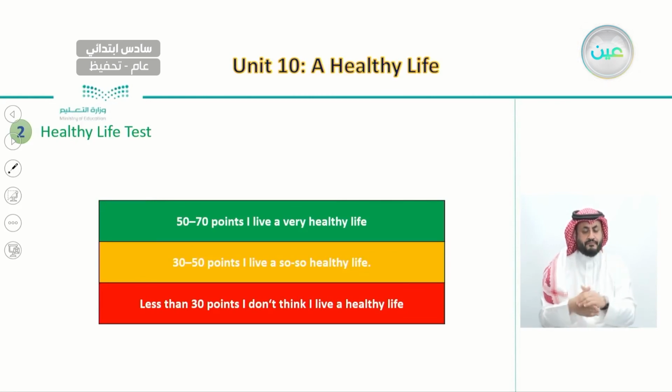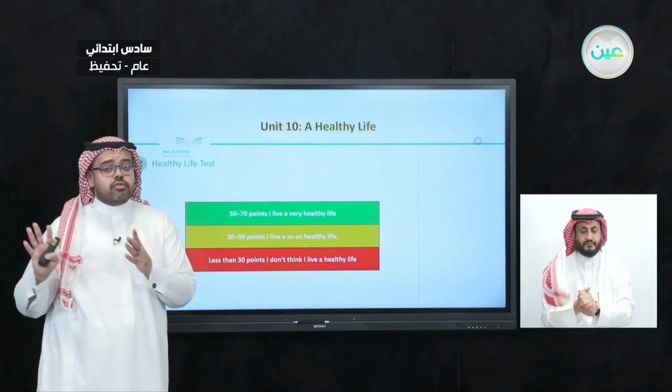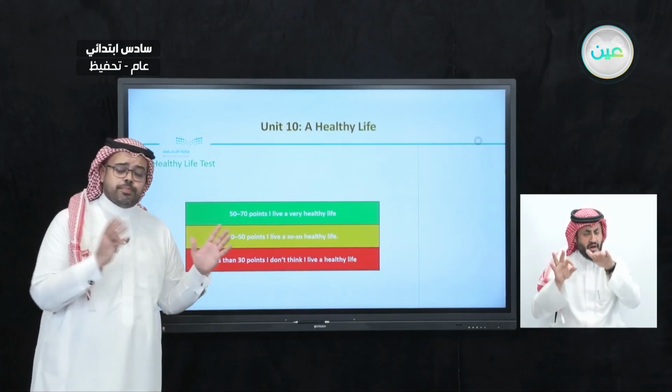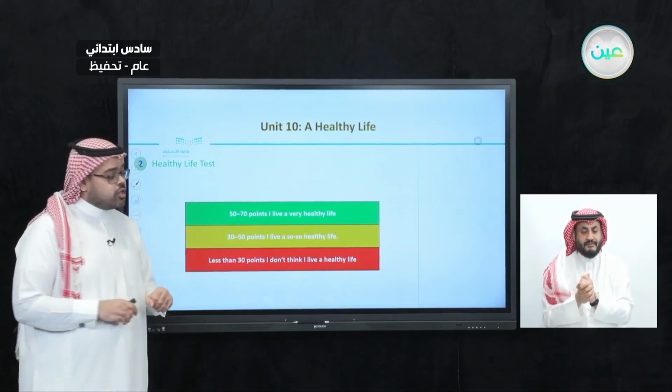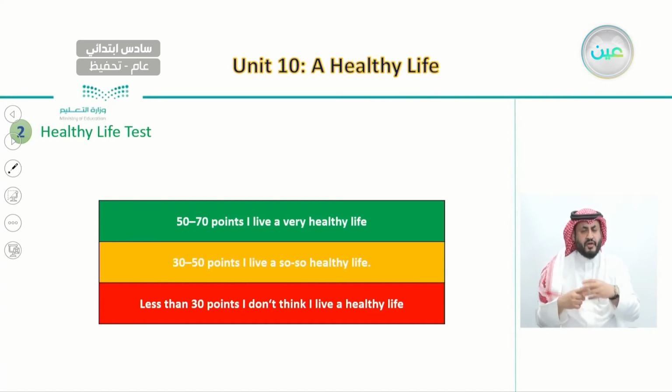And if you got from 30 to 50, because we got 48, you will have a so-so healthy life. It's not a very healthy life and it's not a bad healthy life. It is in the middle. But if you got less than 30 points, then you don't live a healthy life.